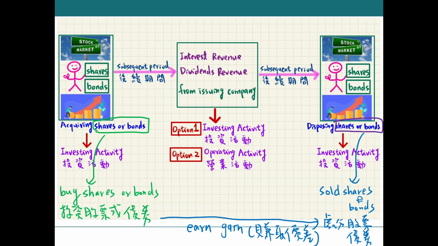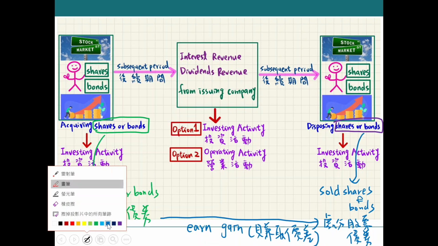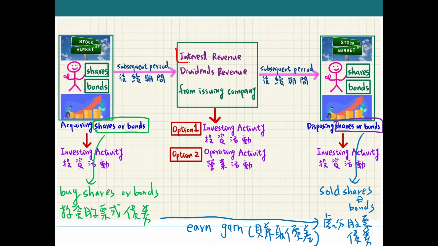So during the whole process, before you sell it, what kind of money you can get? Shareholders, you can get dividends, right? Creditors, you will get interest, okay? So during the whole process, you'll find out you could earn interest revenues when you are the creditors. You could earn the dividends revenues when you are shareholders, right?